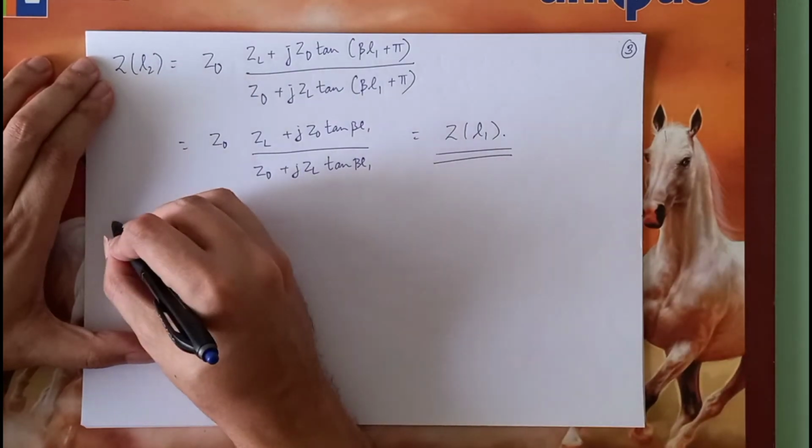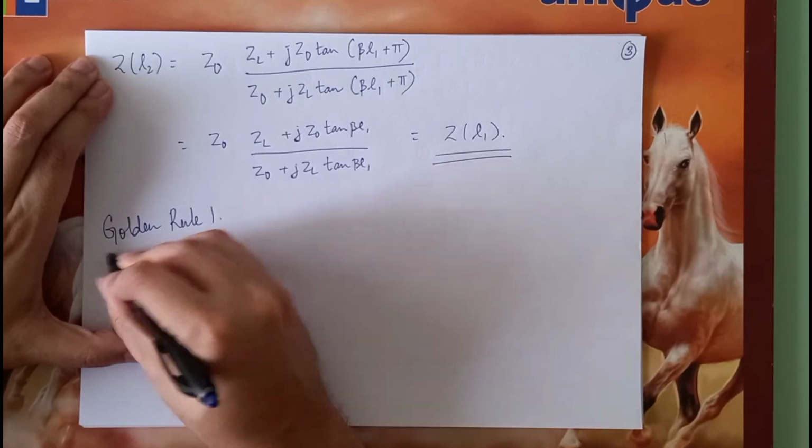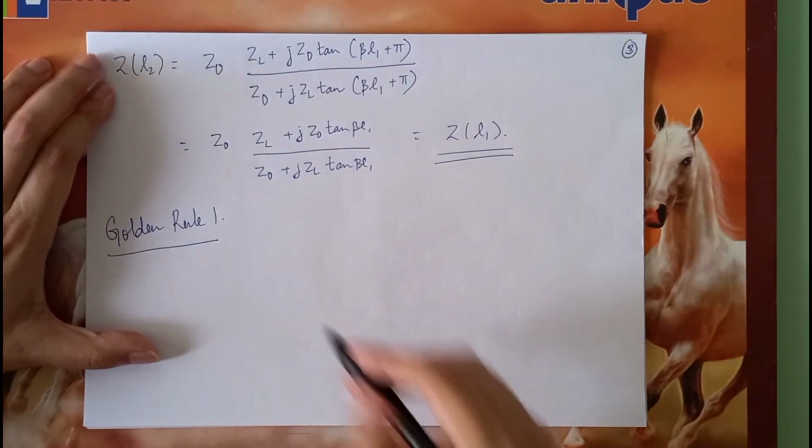So therefore, let us call this golden rule number 1 of transmission lines.